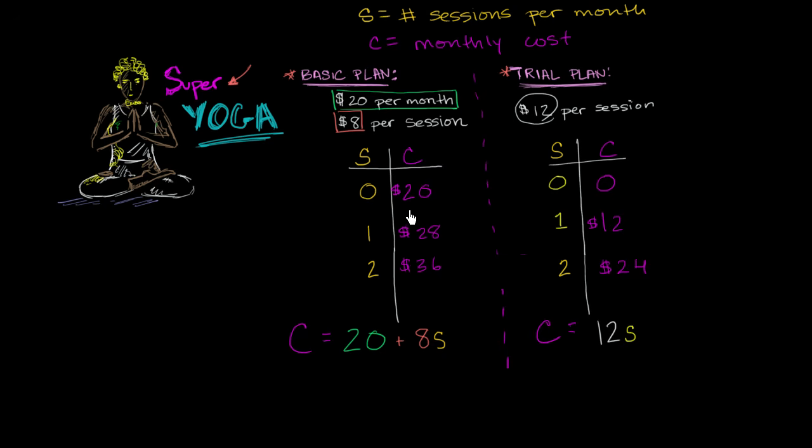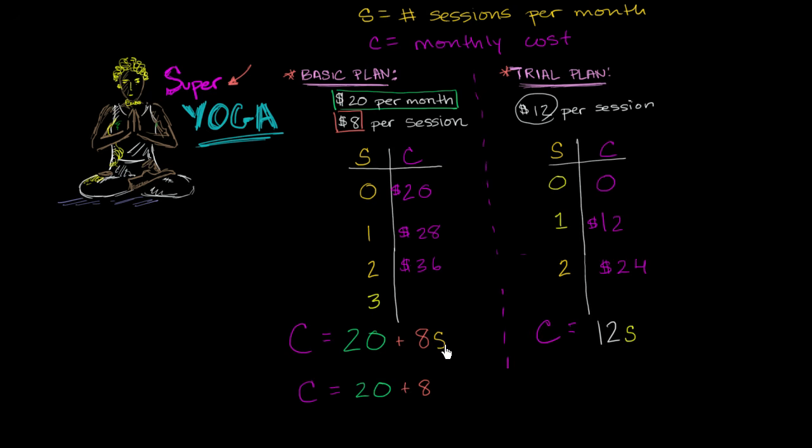As a starting point, let's think about how much it'll cost for us to attend 3 sessions in a given month under the basic plan. Well, we've got our equation right over here. Our total cost in that month is going to be equal to 20 plus 8 times the number of sessions.